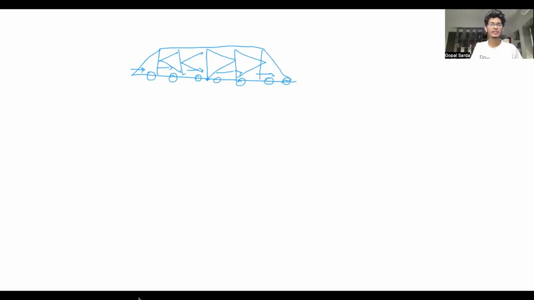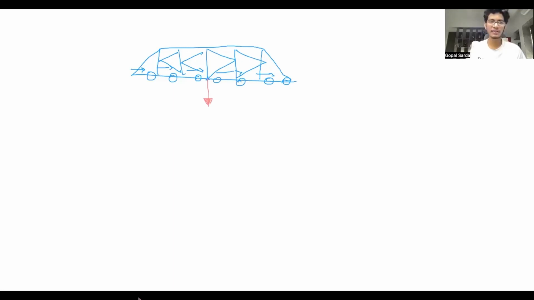But in this project, we were specifically told that the load we apply will be at the center. So I thought, why not design a bridge in which we maximize the output only when the force is applied at the center point.